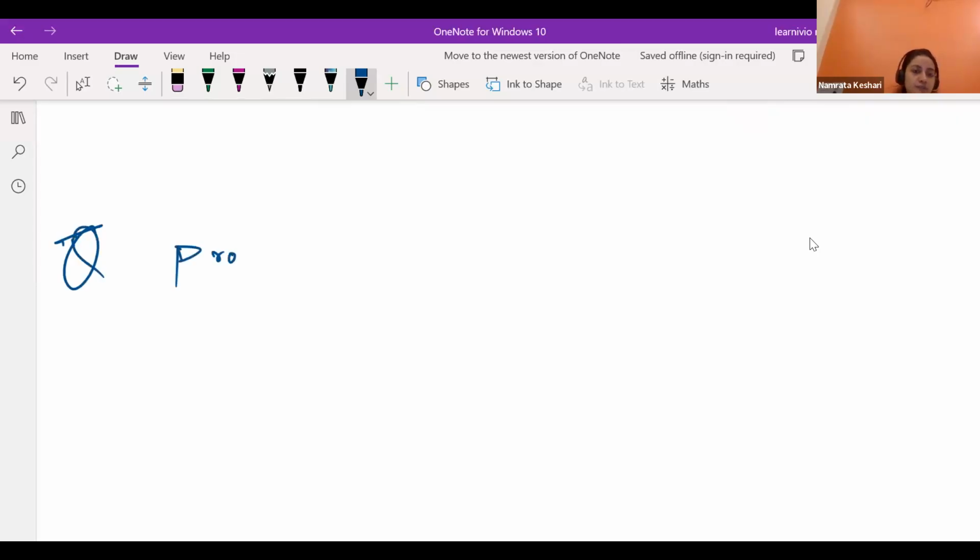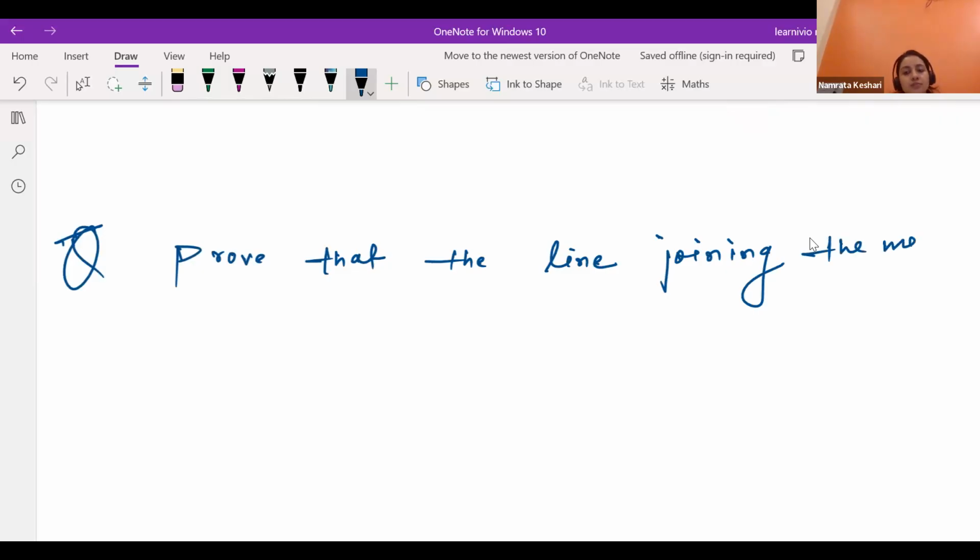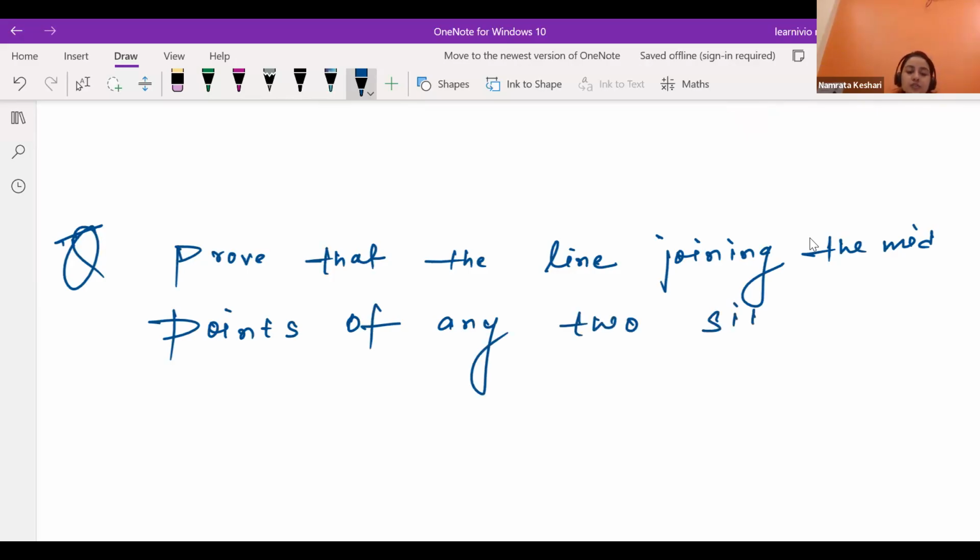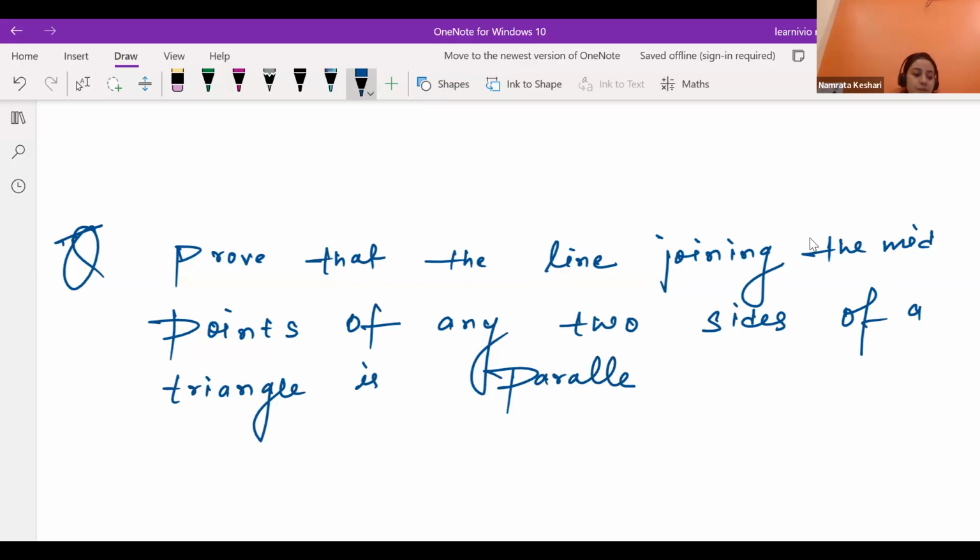Prove that the line joining the midpoints of two sides of a triangle is parallel to the third side.